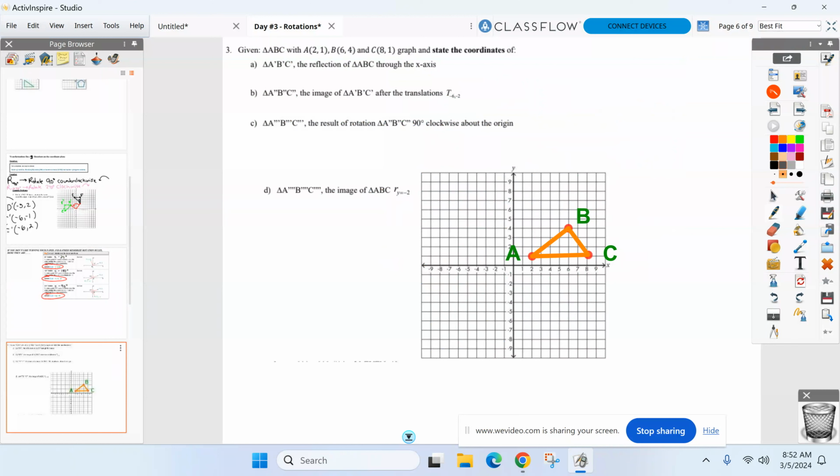Okay, after you have it graphed, first step, take part A, take triangle ABC, and reflect it over the x-axis. This is what we did on Friday. The directions do say graph and state, so I'm going to call on somebody and ask for what the coordinates of A prime, B prime, C prime are in a second.